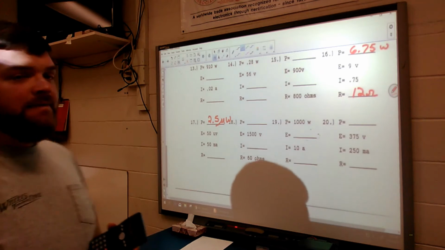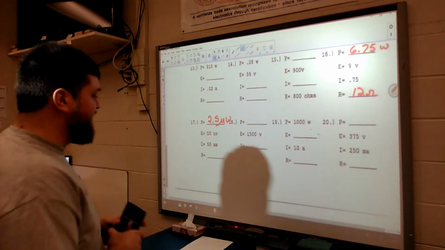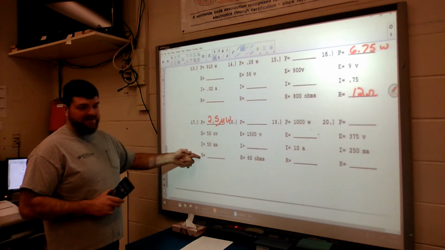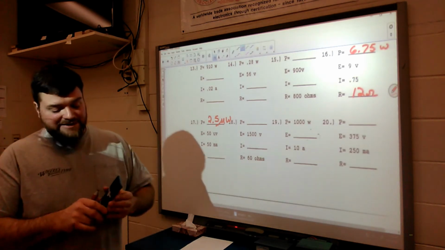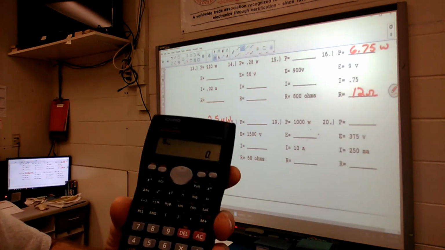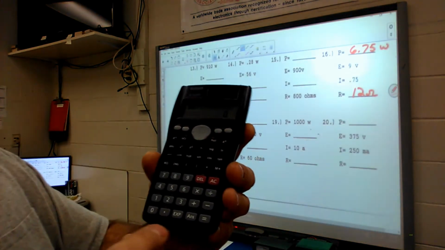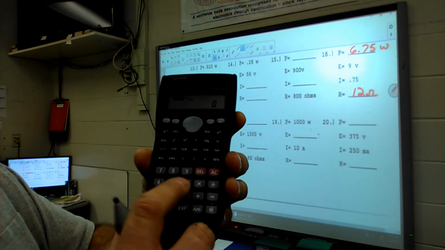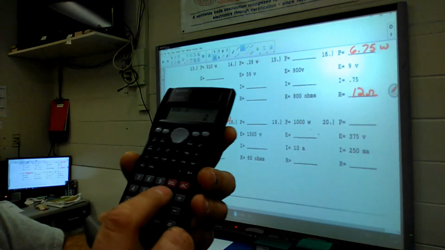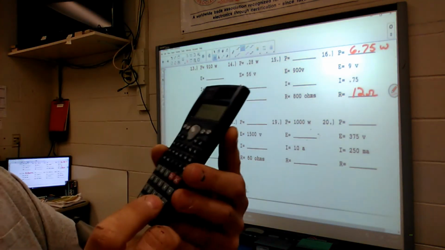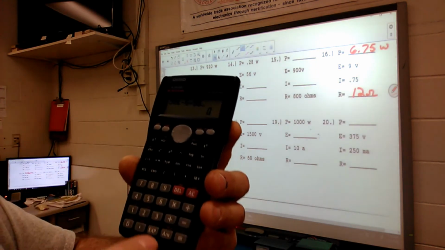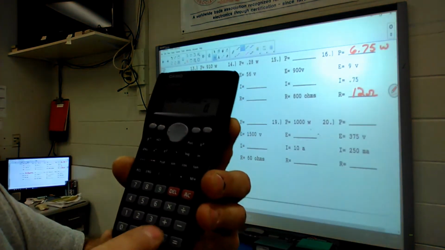Okay? So now, in order to get a resistance, we need to divide. So E divided by I gives you R. Again, the trickiest part of that is getting these put in. So again, we're going to put 50 exponent negative 6, divided by 50 exponent negative 3.